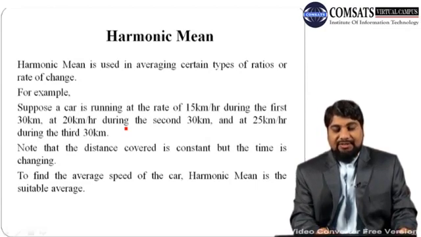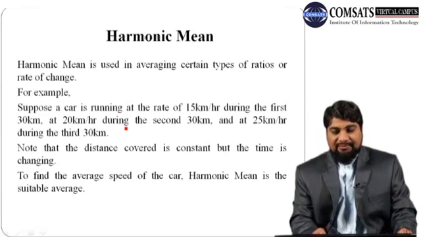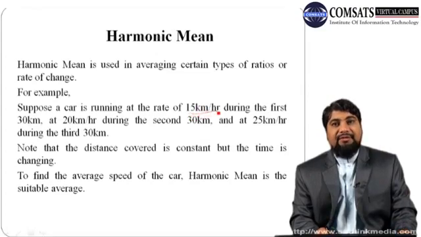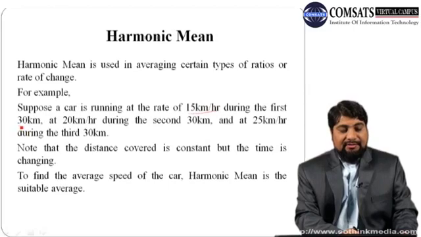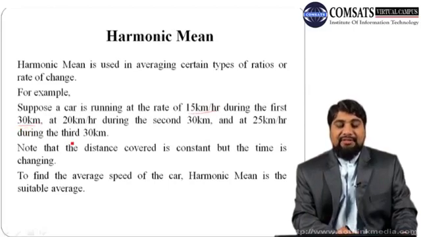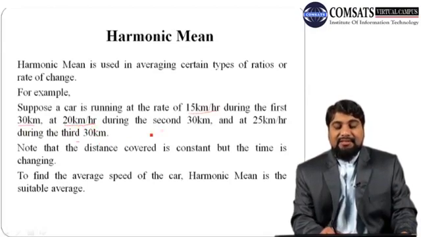In the first case, we have the speed 15 km per hour and the distance covered is 30 km. In the second case, the speed is 20 km per hour and the distance covered is 30 km.